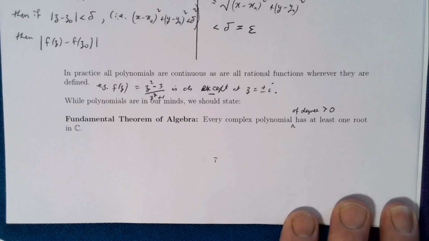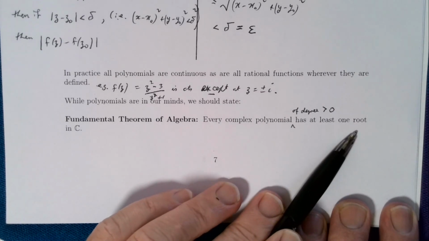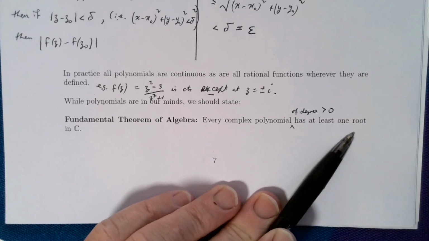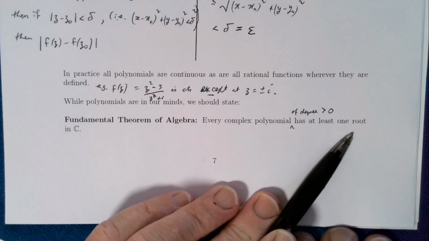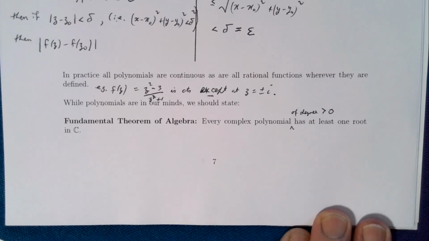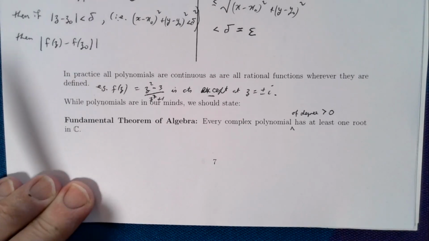And of course, once you've got at least one root for a polynomial, then you can in theory factor out z minus that root from the polynomial. You then have a polynomial of degree 1 less, and you can repeat the argument. And so counting multiplicity, every polynomial of degree n has exactly n roots in the complex plane. And that's the end of this section.